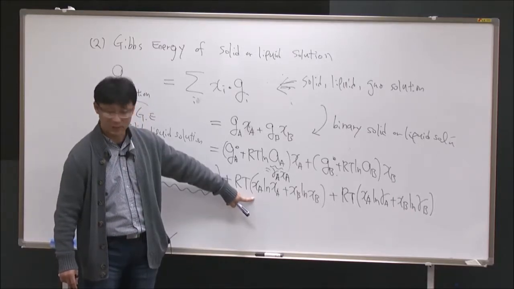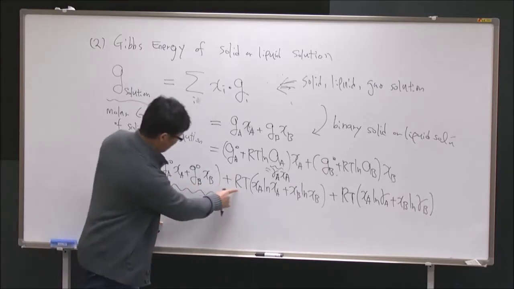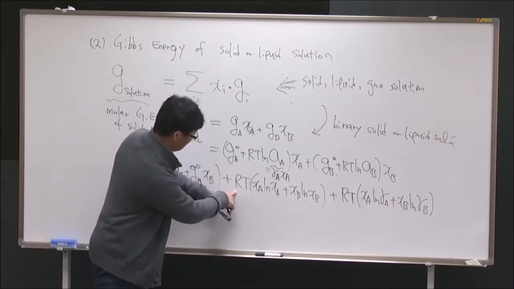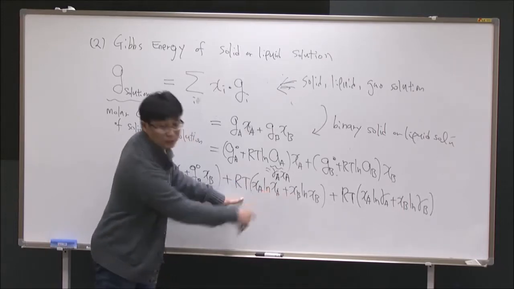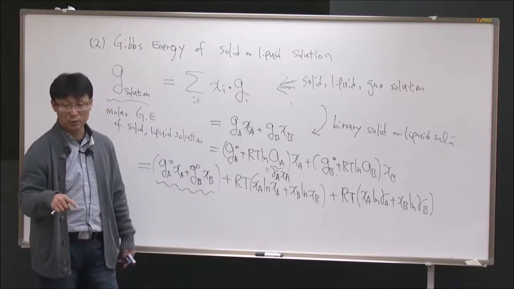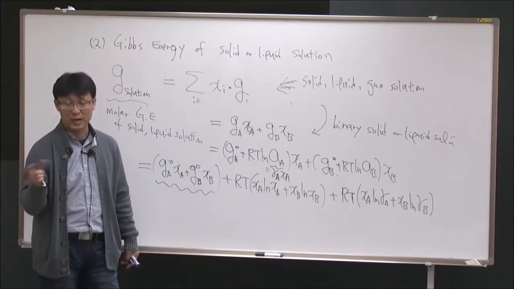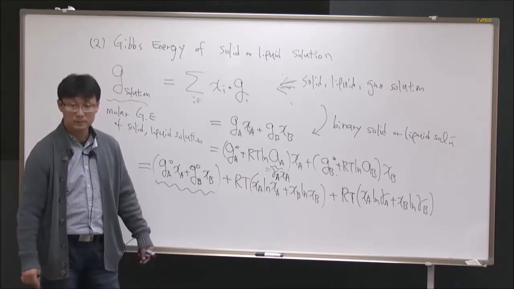We call that Gibbs energy equal to RT, times minus T times minus R of this term, and we call that minus R, XA ln XA plus XB ln XB, that's the ideal entropy term. So ideal mixing term. Is that okay?